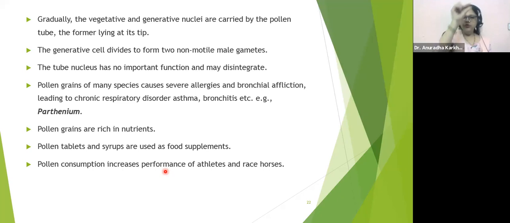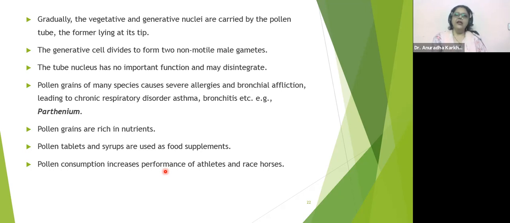When we see the pollen tube under the microscope, you will see 3 nuclei. One nucleus will be of the vegetative cell or the tube cell, which is the leading one, and behind it you will see 2 more nuclei, of the male gametes. So in this way, you can see 3 in a row in that pollen tube.